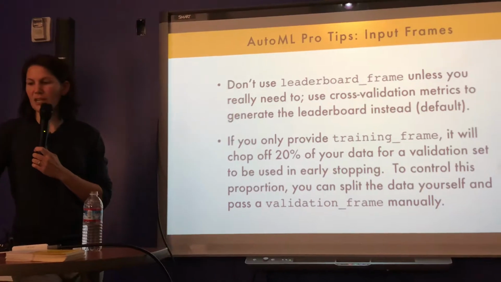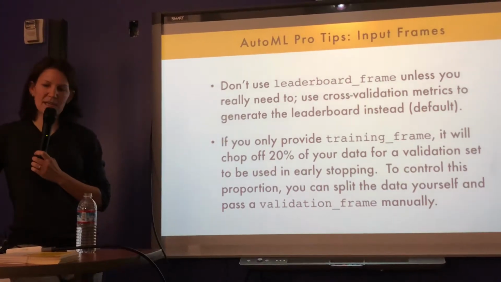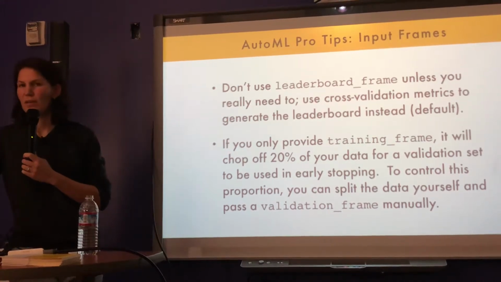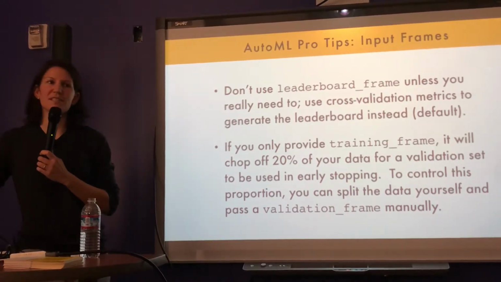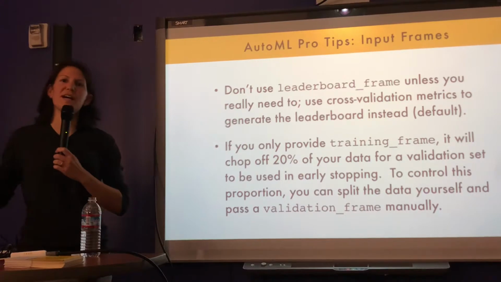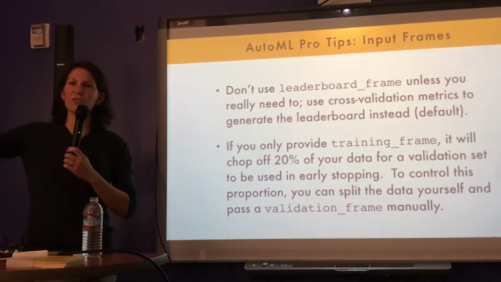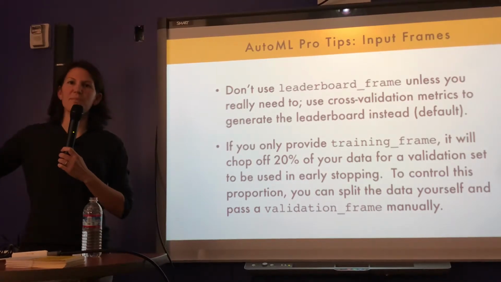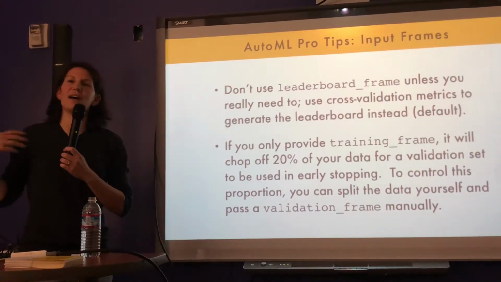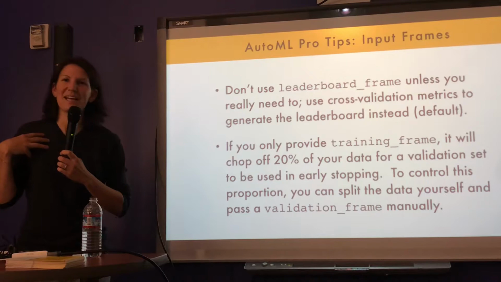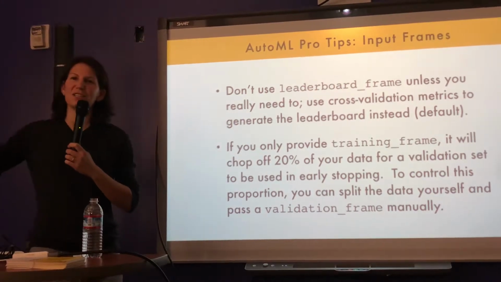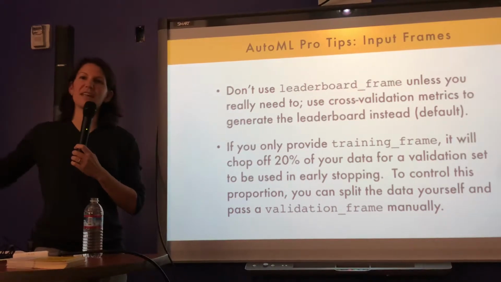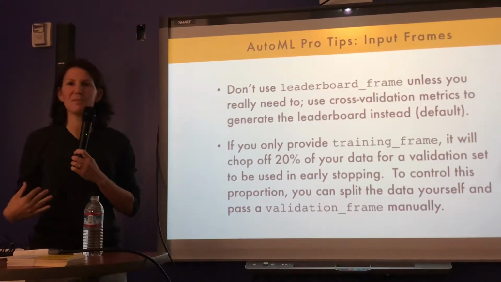There's an argument called the Leaderboard Frame, and we don't recommend that you use that unless you know that you need to. That frame is just if you want to specify a test set on which you score the leaderboard, you can pass along a data frame. But it's probably better not to use a piece of data just to score the leaderboard, because if you don't set that, we will just provide you cross-validation metrics.